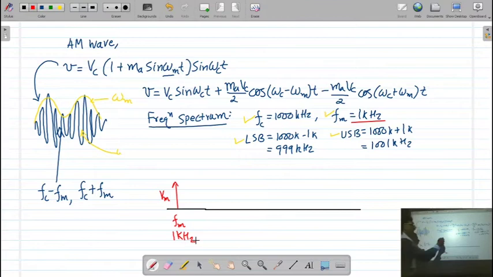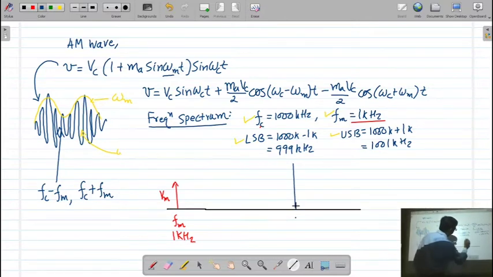Now you have to represent the carrier frequency. The carrier frequency is a higher frequency. It is 1000 kilohertz. So the position of this carrier frequency will be somewhere here, and you can draw the line in this way. So this is my Fc.